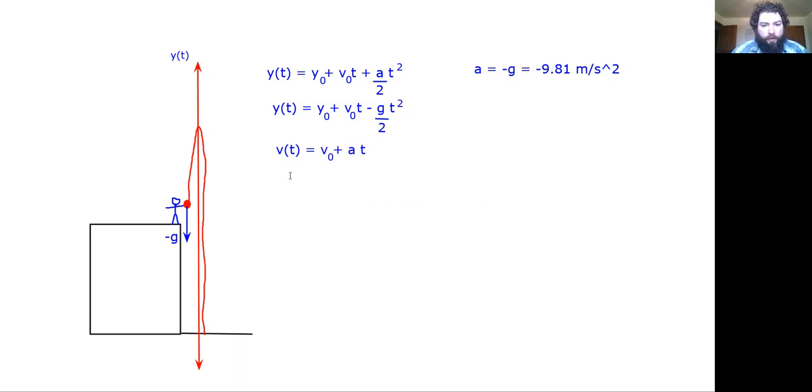And here again, we know that a is g, so we can rewrite that as negative g times t.